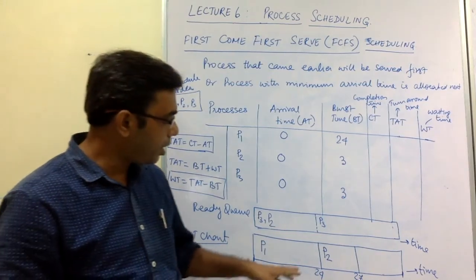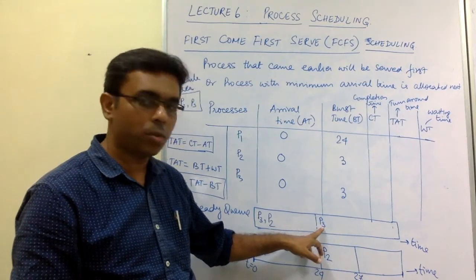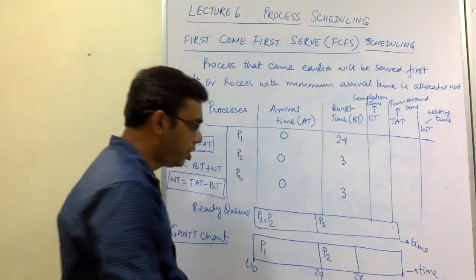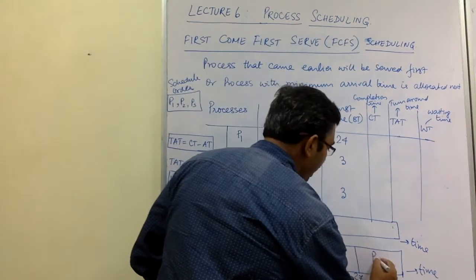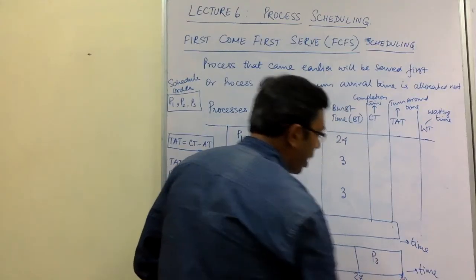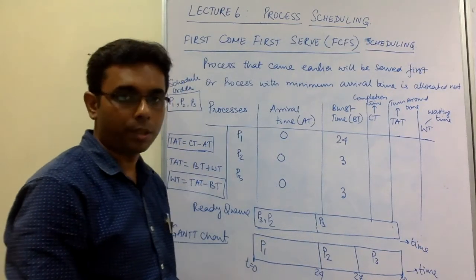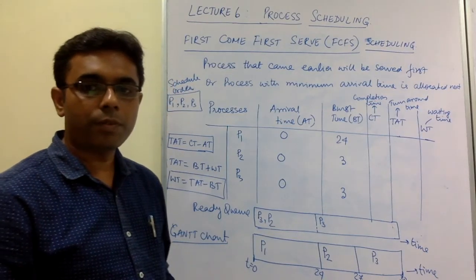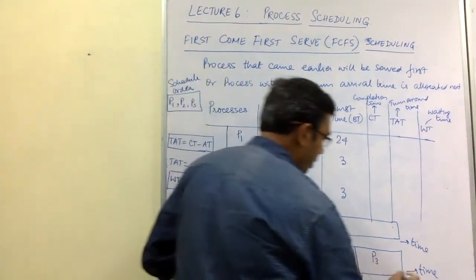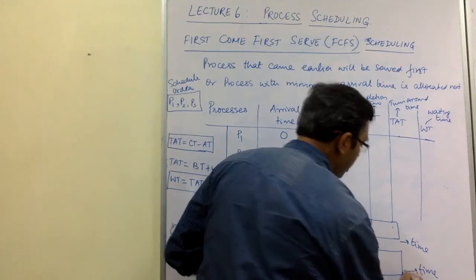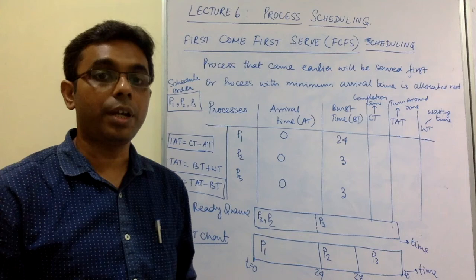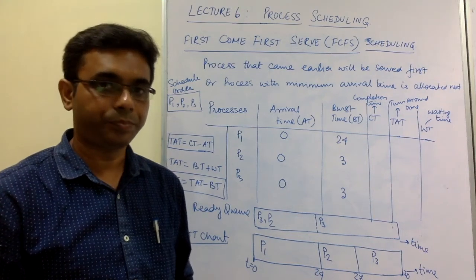It looks up the queue, finds only one process, P3, and allocates it to the CPU. P3 continues for the next 3 units of time and finishes at 30. So at 30 units of time, all the 3 processes complete their execution.